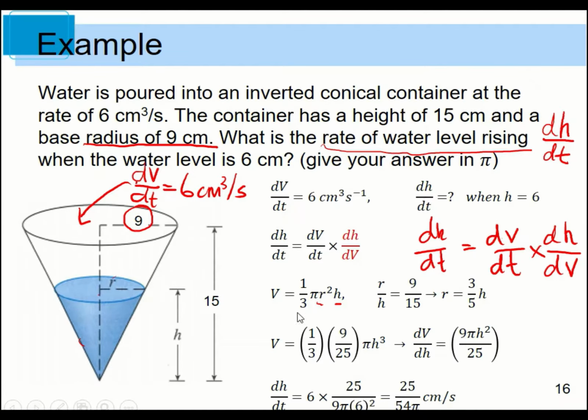Write an equation to relate these two. Finally, use the chain rule to find the differentiation. Differentiate, and after that, substitute all the values inside so that we can get the rate of change.